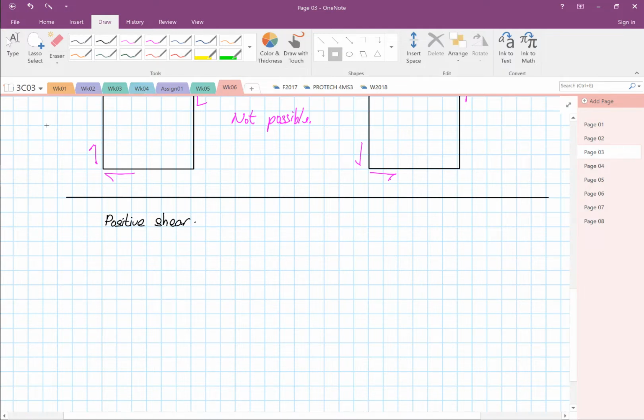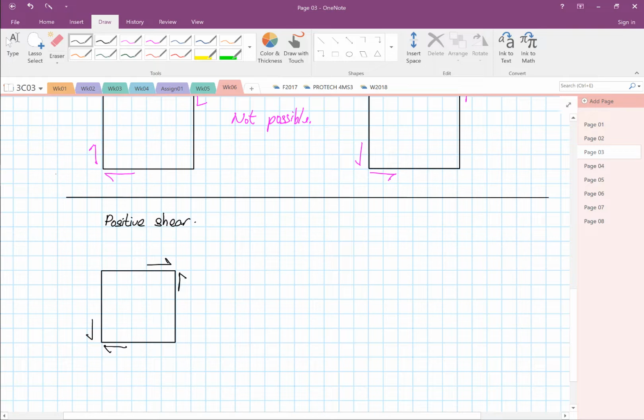So I'm just going to have an element, okay, so the element on positive shear, so this is the direction. Okay, so this is positive shear, right?